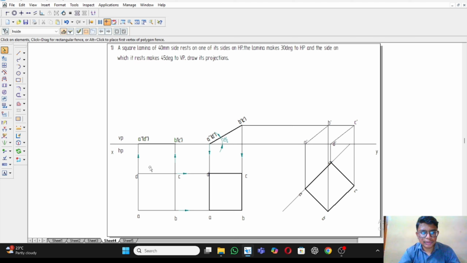Then lastly, we have to make visible these parts which I have not made visible firstly. We have to select the line, visible line, visible.